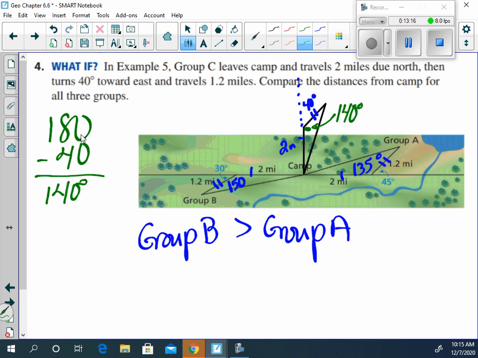Is that bigger than group B? Did they go farther than group B did? Well, no, because 140 is not bigger than 150. Did they go farther than group A? Are they farther away from the camp? Yes.